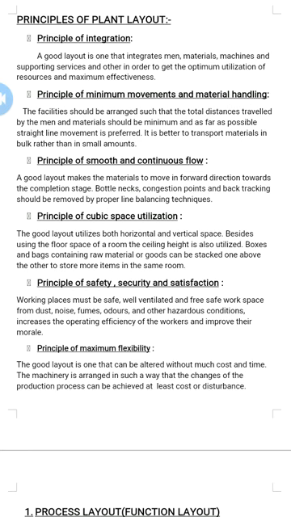If any bottleneck, congestion point or backtracking occurs, that should be removed by proper line balancing techniques. So the focus is on smooth and continuous flow of the raw material always in the forward direction from the starting point to the end point.